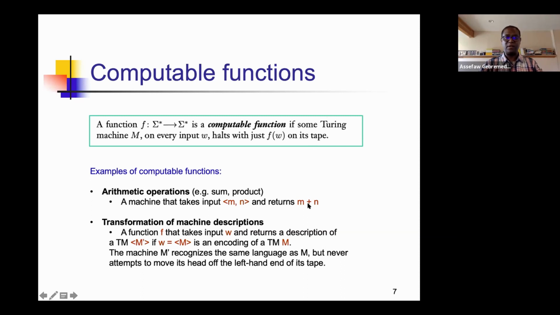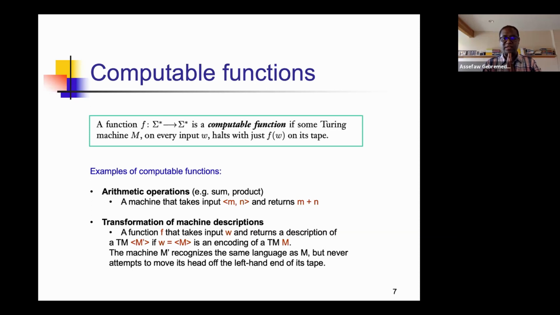Another example of a computable function is a transformation of a machine description into another machine description. For example, if I have a function f that takes input W and returns a description of a Turing machine M prime whenever the input was the description of the machine M, now I have an encoding of another machine. That function that turns one description of a machine into another description could be called a computable function.